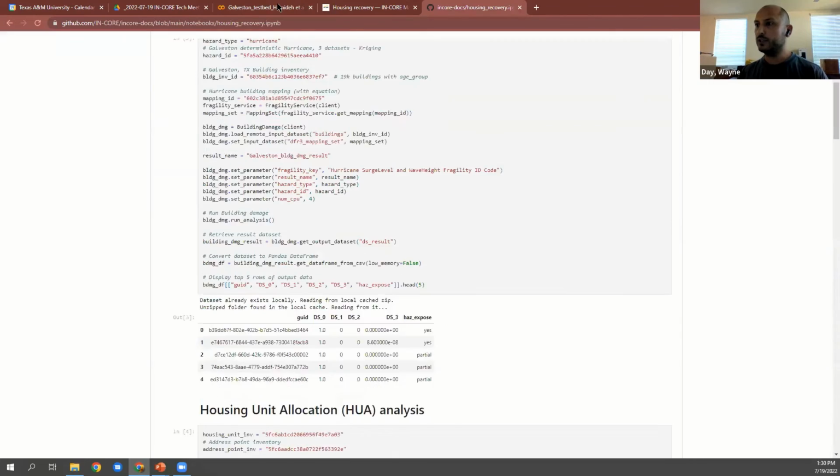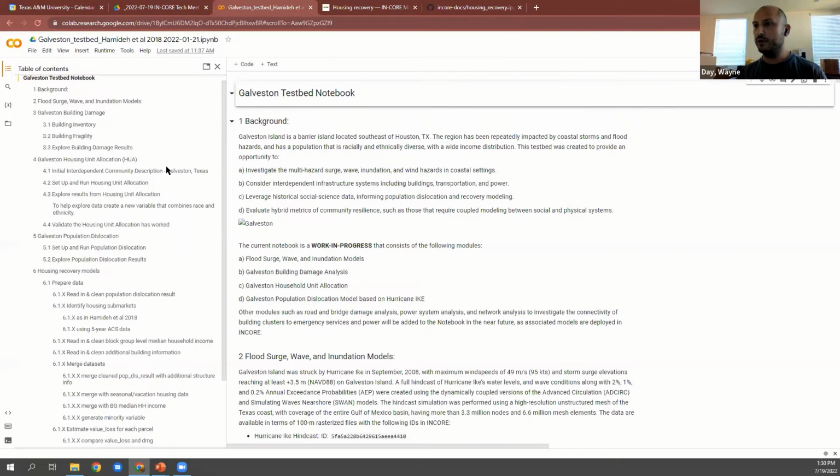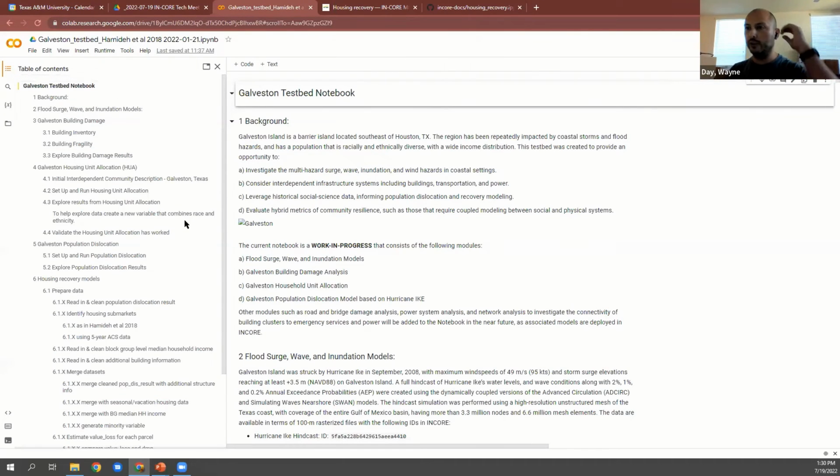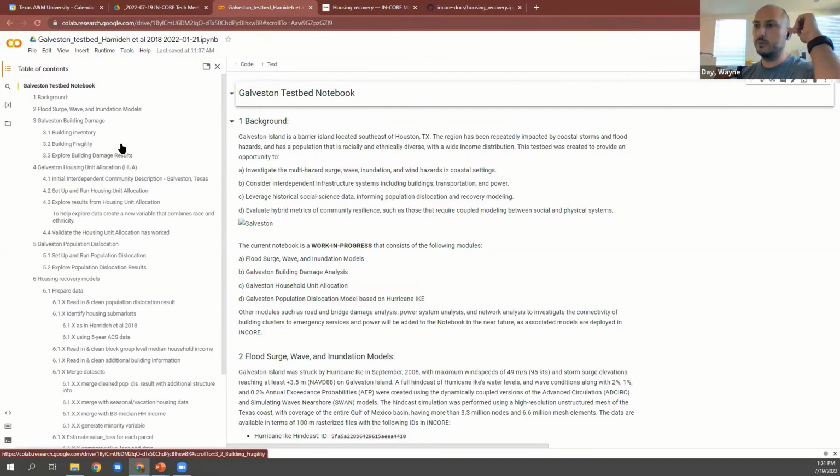So back to this notebook. All I did essentially was download what the current Galveston testbed notebook was at the time, so that I could try to integrate this housing value recovery model in there. One thing I like about Google Colab to work out of is the simplicity of it, just being able to launch it in the web browser.